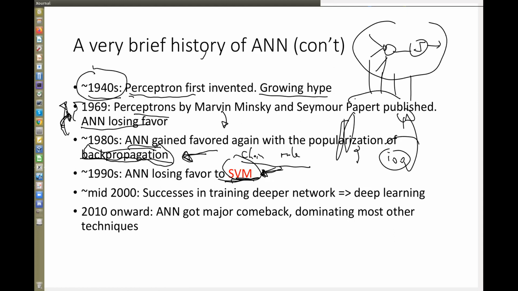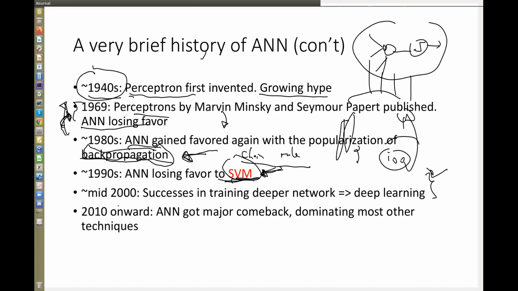But when they had deeper layers, they didn't know how to train them well, and they always failed. Until the mid 2000s, people found some tricks to train deep neural networks, and suddenly they found that deep neural network models were able to beat many prior machine learning models in many problems. Then suddenly neural networks just had a major comeback.